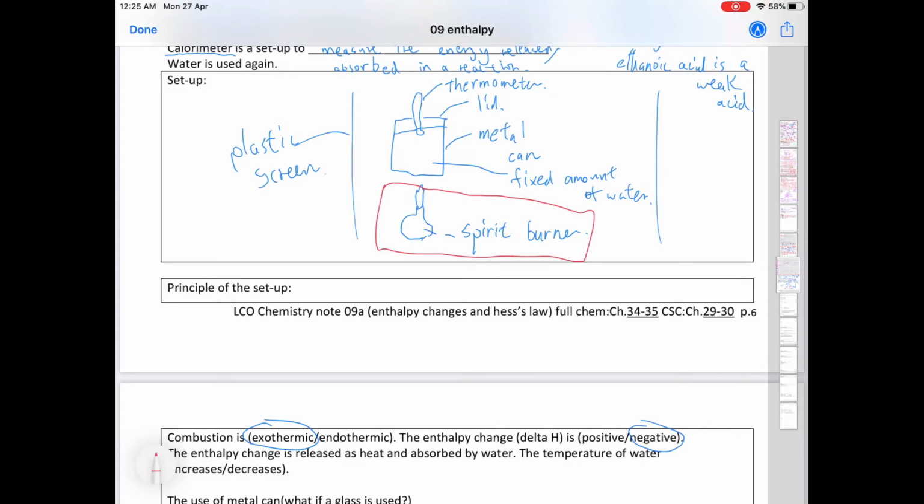Now it will go through the metal can and then to the water. And then the water will be heated up, and if you again apply the formula mc delta T, you can calculate the energy absorbed by water, and then if you calculate the number of moles of the fuel used, you can get the data.